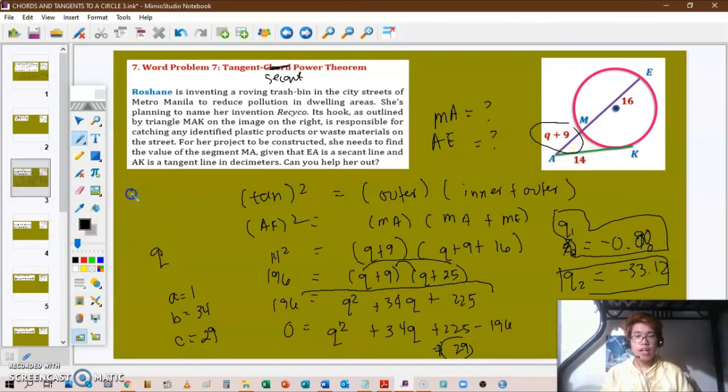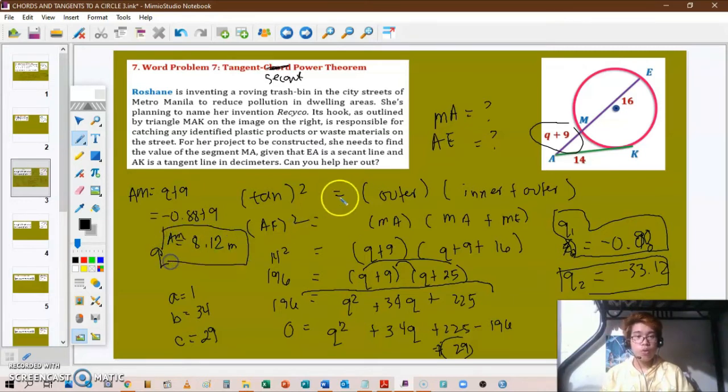So therefore, AM is equal to Q plus 9, and Q is equal to negative 0.88 plus 9. So 9 minus 0.88 is going to give us 8.12. Therefore AM is equal to 8.12 meters.